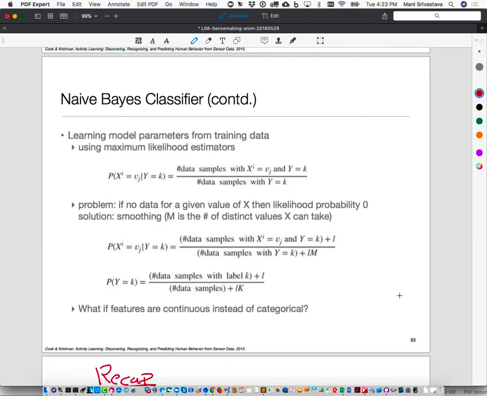If I have 10 feature values and each one of them can take a certain set of values, let's say each one of them can take 5 values, then since I have 10 features, 10 attributes, I have a total of 5 to the power 10 options. I will be required to see all those 5 to the power 10 occurring a sufficient number of times in my training set, and that's already huge.